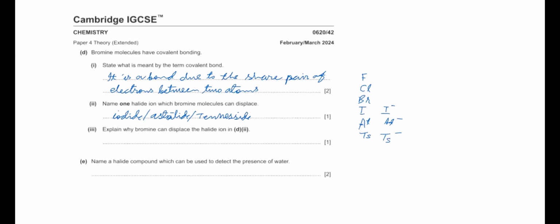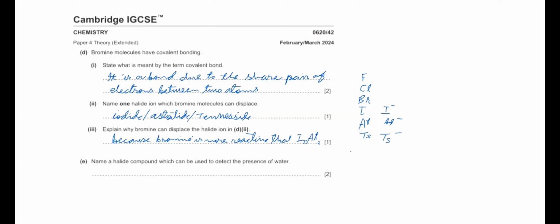So we should write because bromine is more reactive than iodine, tennessine, astatine. You can write any of these. Better to write in words rather than I2.